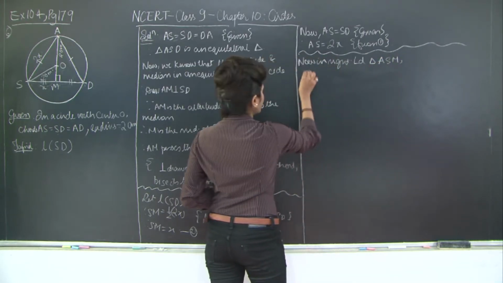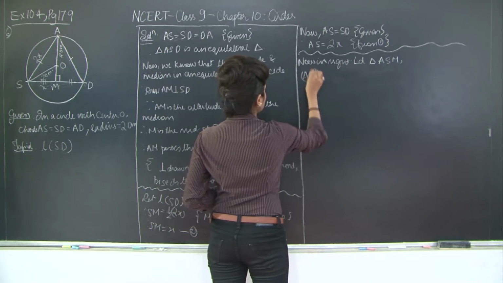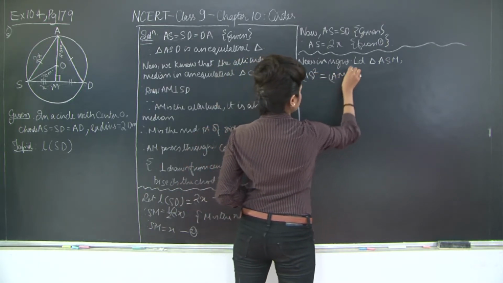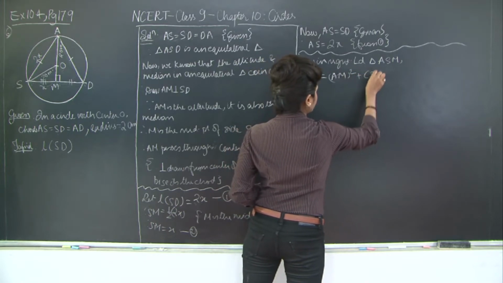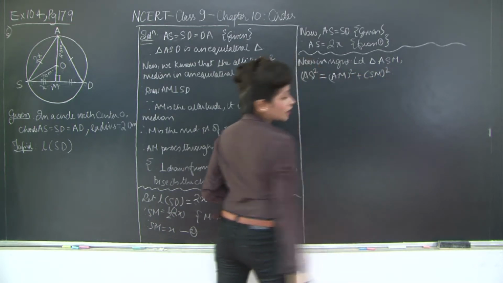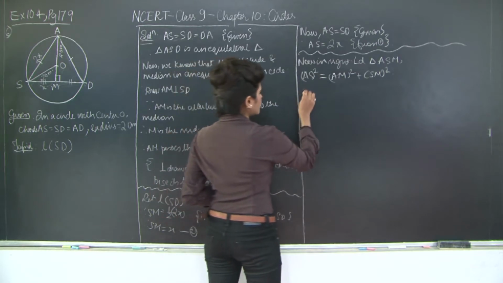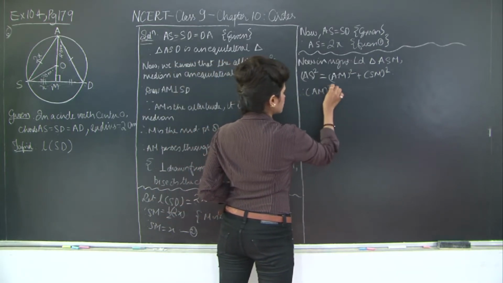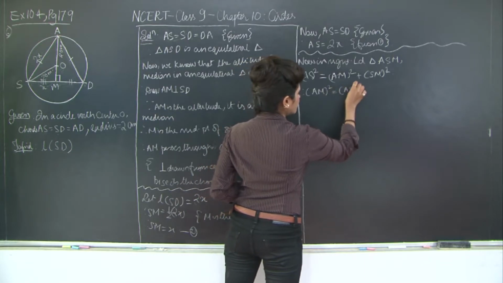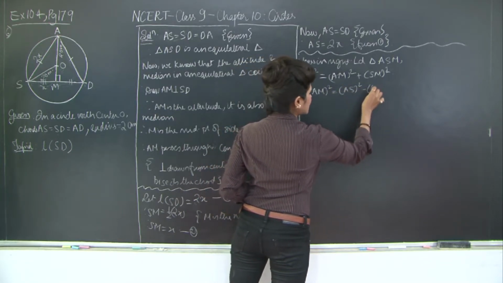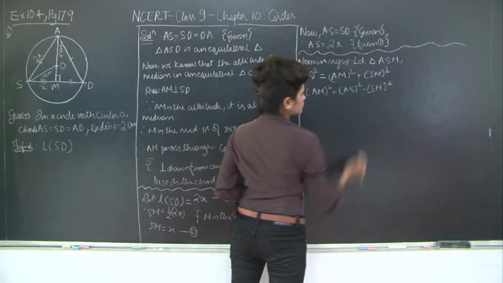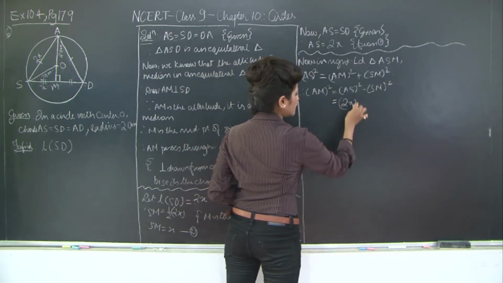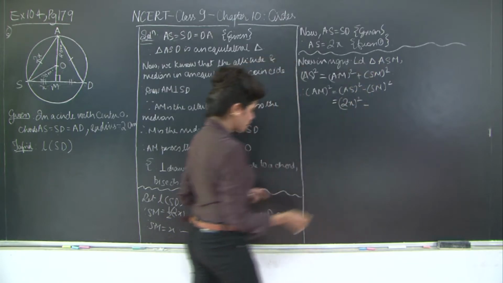what do we have? AS square is equal to AM square plus SM square, right? Therefore, AM square is equal to AS square minus SM square, right? AS is what? It is (2x) the whole square minus SM is how much?